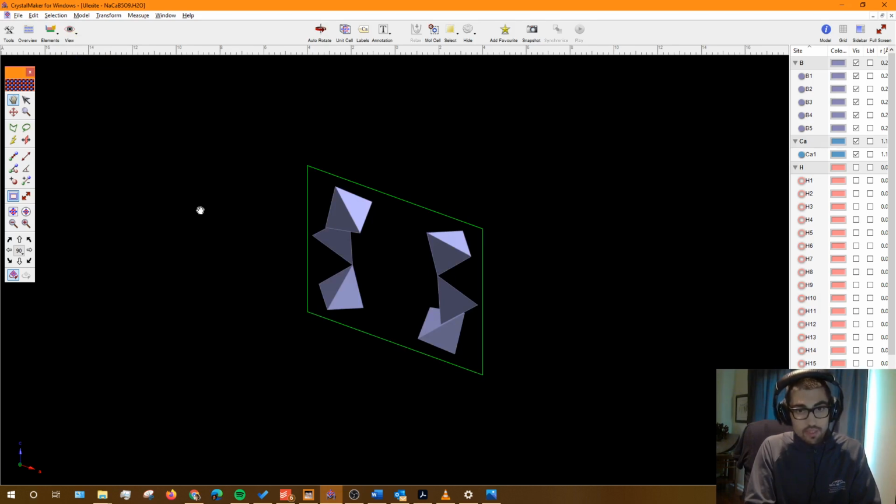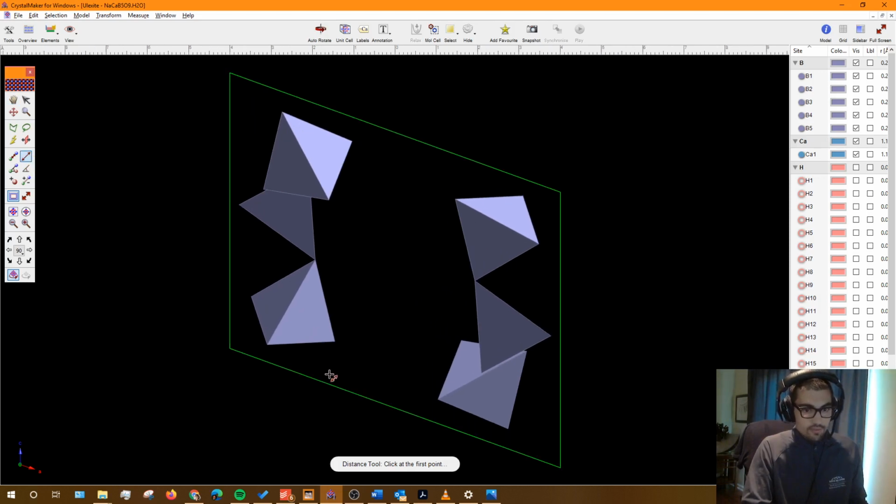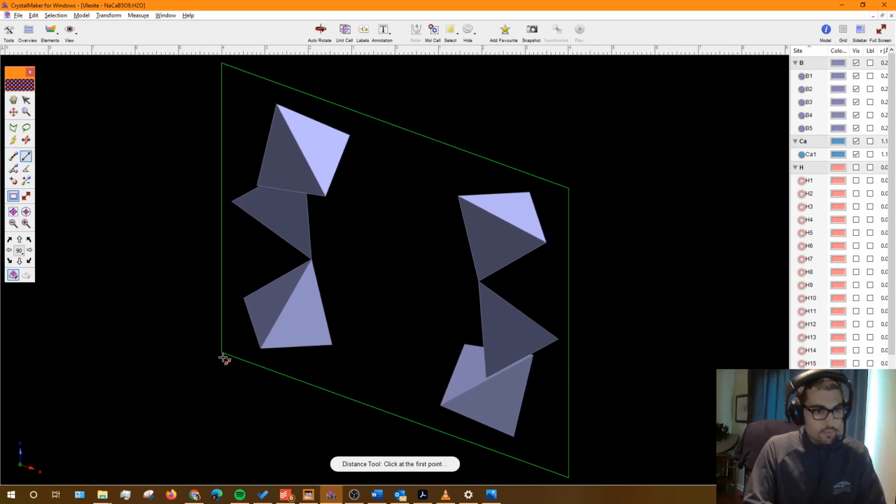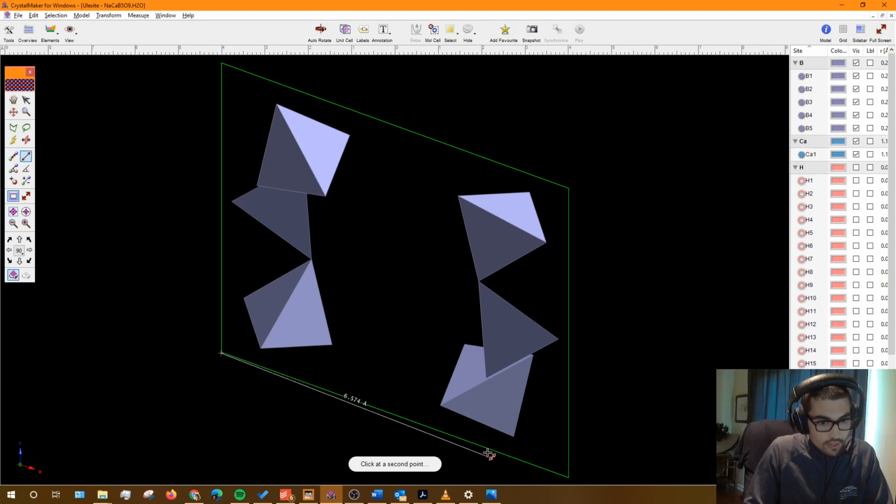To measure distances, we're going to come over to our toolbar and click the double arrow, this tool right here. Now I'm going to zoom in slightly just to make it easier on myself. I'm going to click as precisely as I can the corner of the unit cell, and then I draw down the A. I know this is the A because I can see the vectors in the bottom left of my screen.